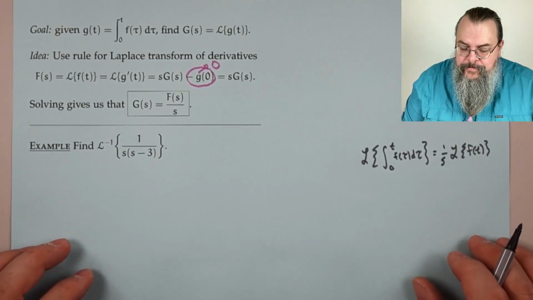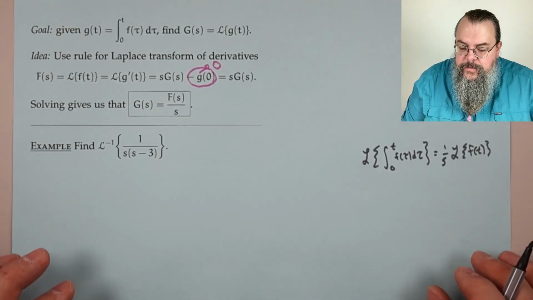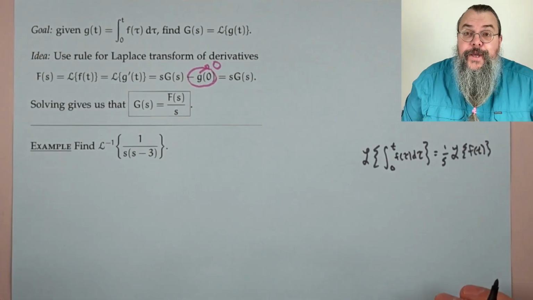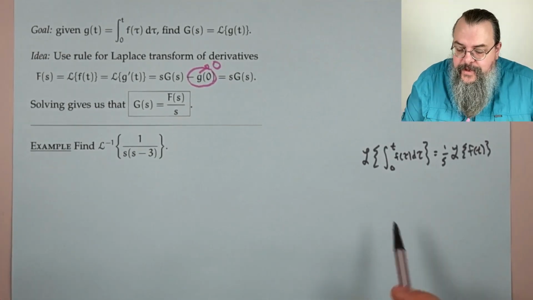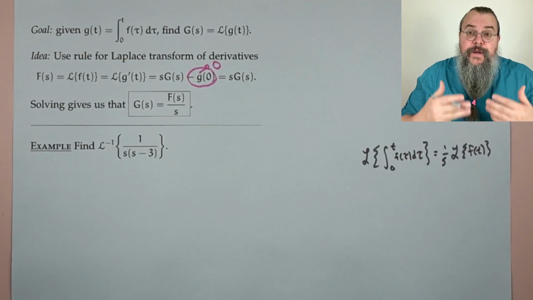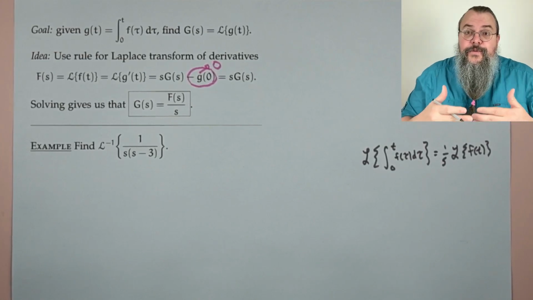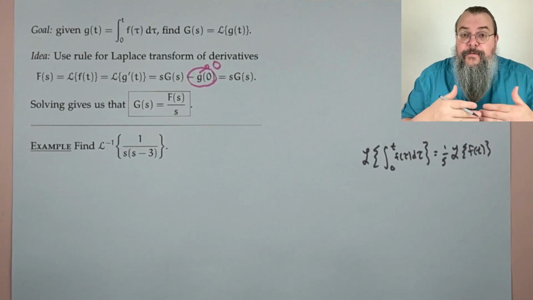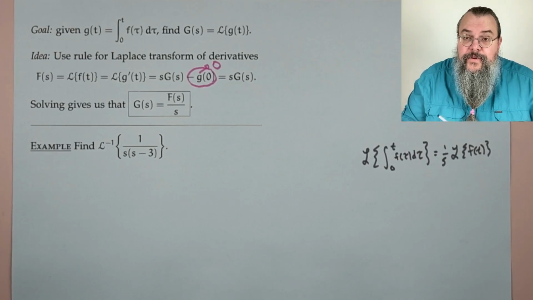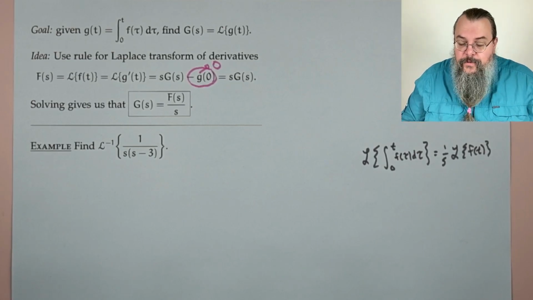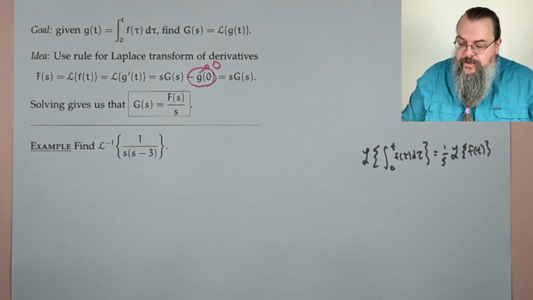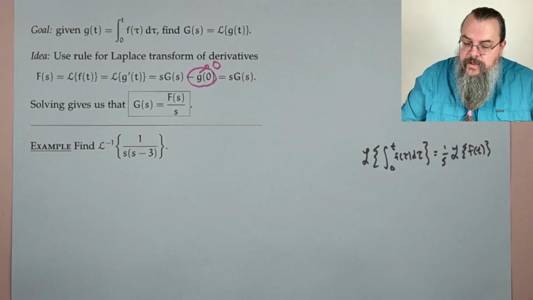But now we might say, okay, can we say anything else? Or is there another way to think about this? Because remember, rules for Laplace transforms can become rules for inverse Laplace transforms. And so what's the corresponding rule for the inverse Laplace transform? Well, it would be the following.